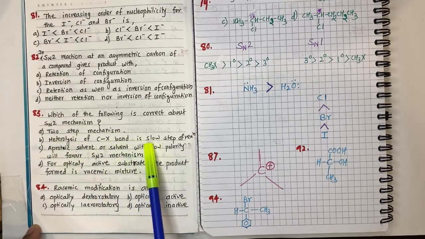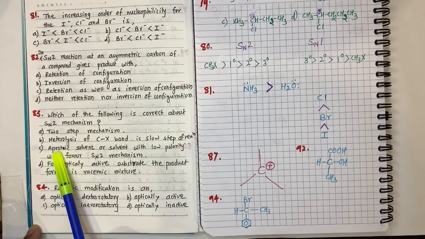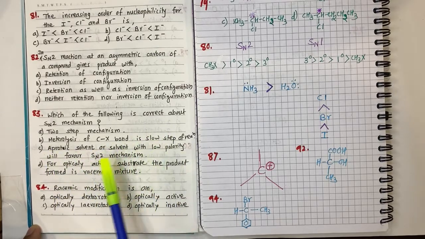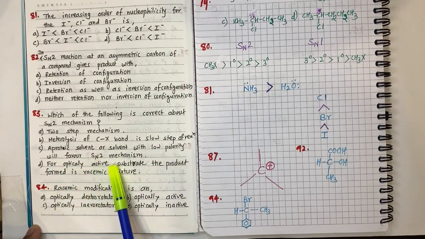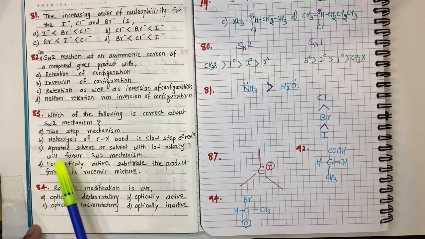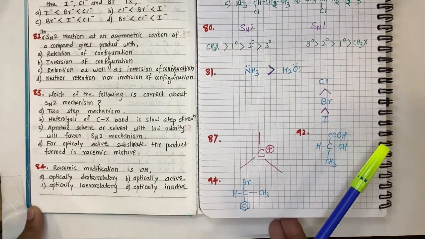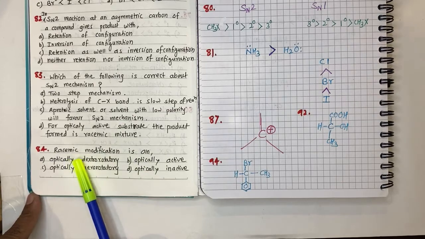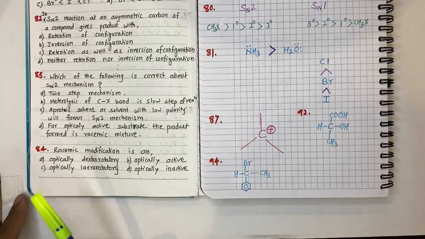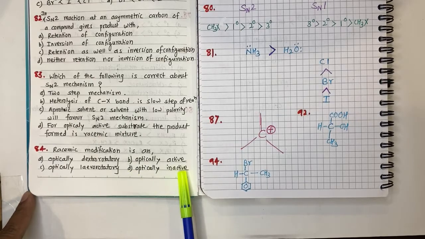Hydrolysis of the C-X bond is the slow step of the reaction, no. Okay, an aprotic solvent or solvent with low polarity will favor SN2 mechanism, yes. For an optically active substrate, the product formed is a racemic mixture, no. Therefore the correct sentence is this one. Okay, next one. Racemic modification is an equimolar mixture of dextro and laevo. It is optically inactive. This is the answer.